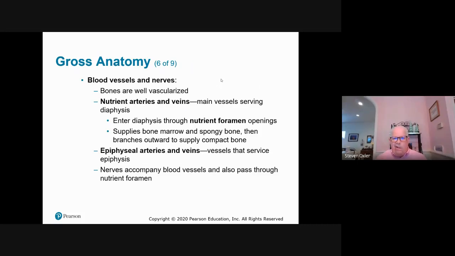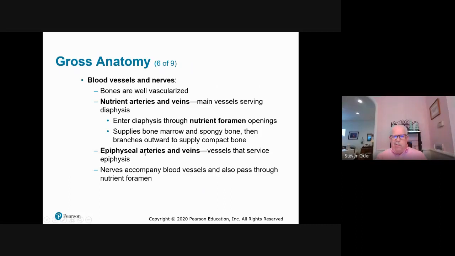But what is important is that bones have a very good nerve and vascular supply. You break a bone, it hurts. You break a bone, you're going to bleed. So the bigger the bone is, the more nerve supply and blood supply it has. It has arteries and veins.